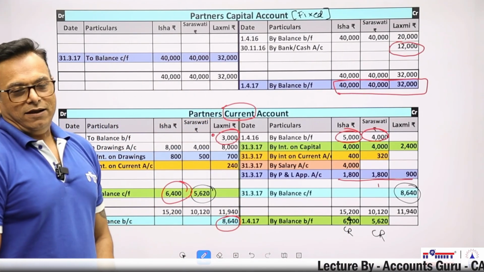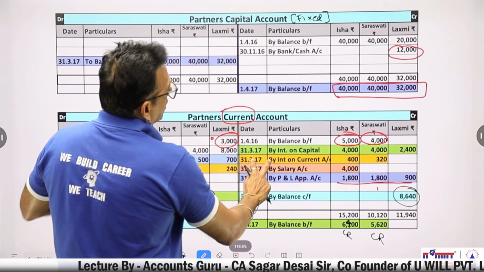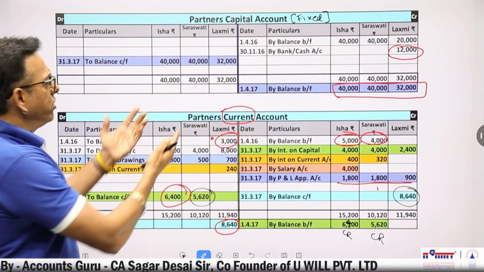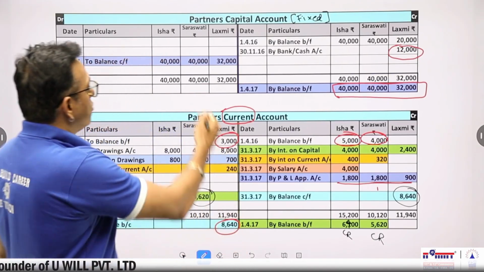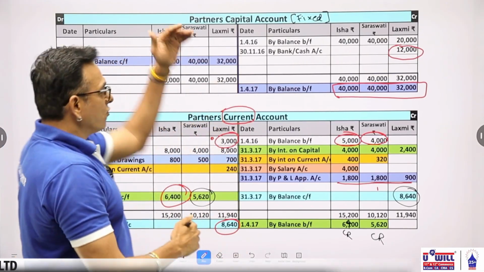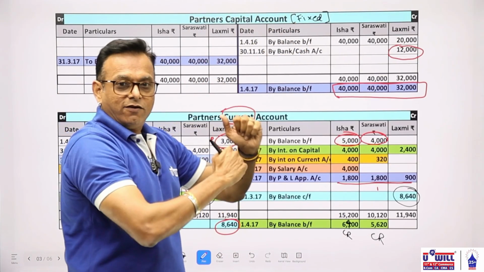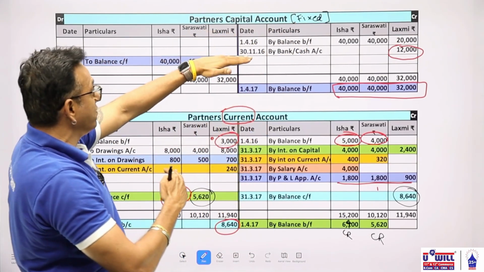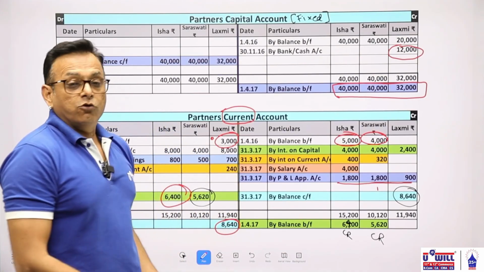Now, the point to understand is: okay, what's the advantage, sir, of doing all these things separately? It becomes so difficult for us. We have to again balance over here, balance over here, and then transfer to the balance sheet. So the balance sheet will have capital account balances separately and current account balances separately. So why do that?